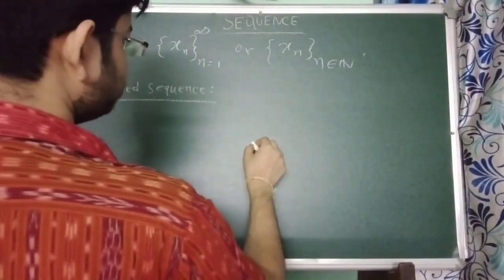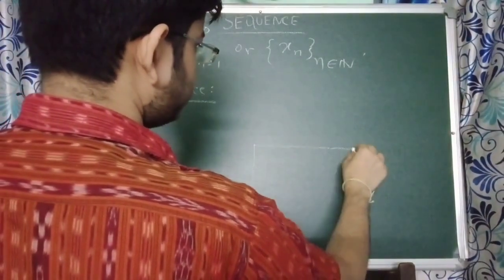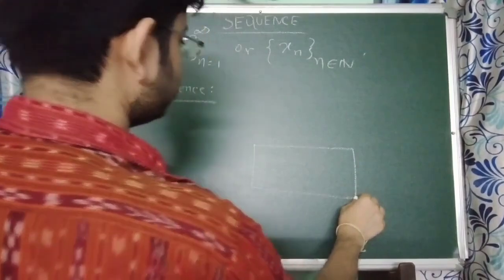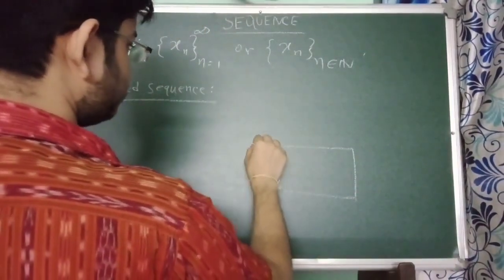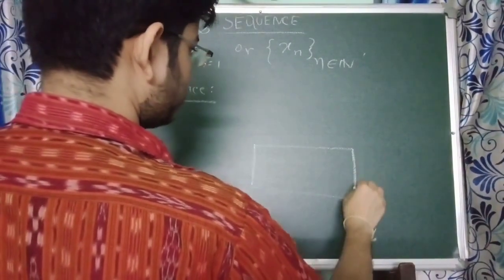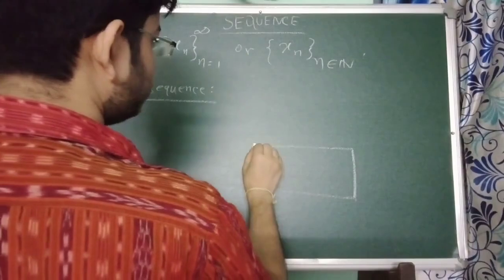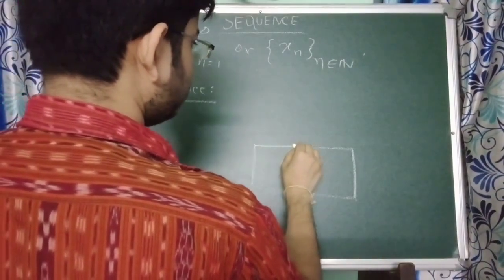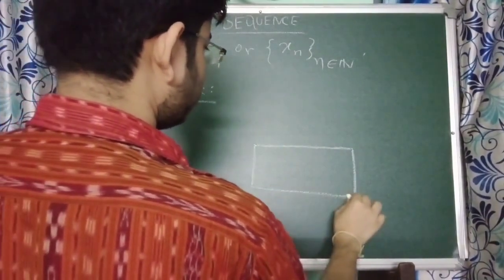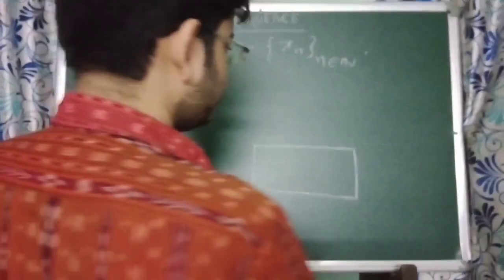For example, if we draw a shape or figure which has a lower boundary and also an upper boundary, and also vertically has an upper and a lower boundary, then this is a bounded figure.